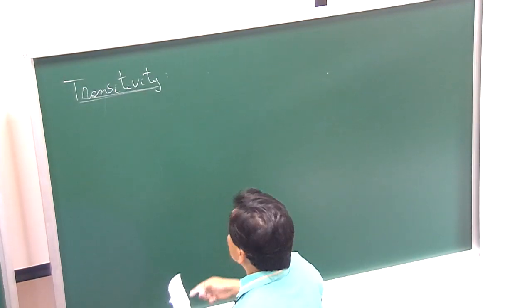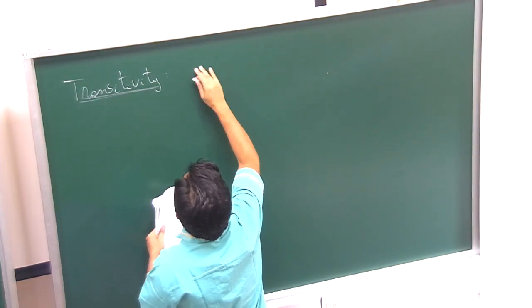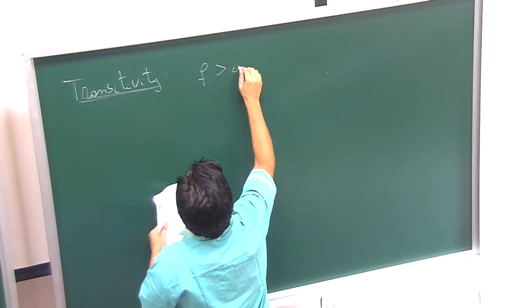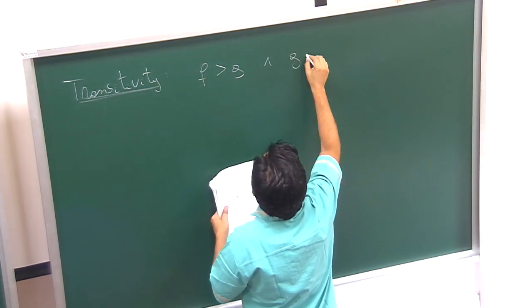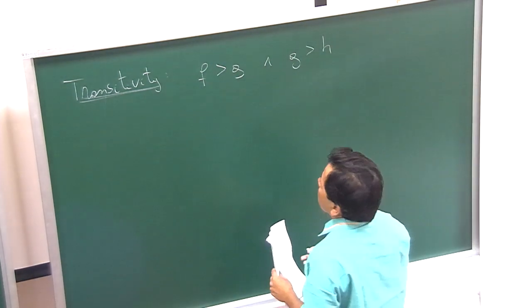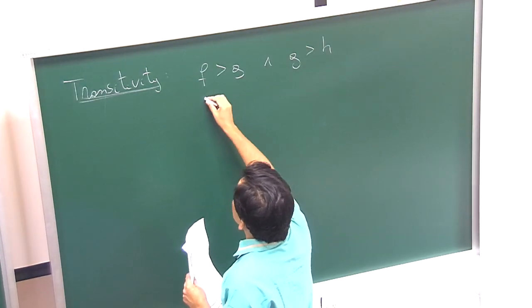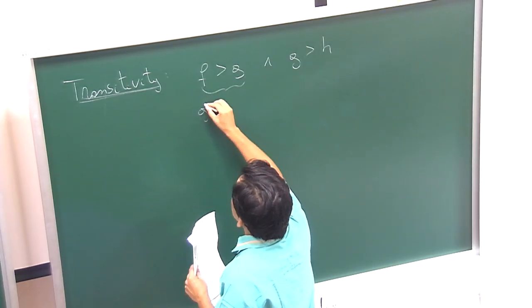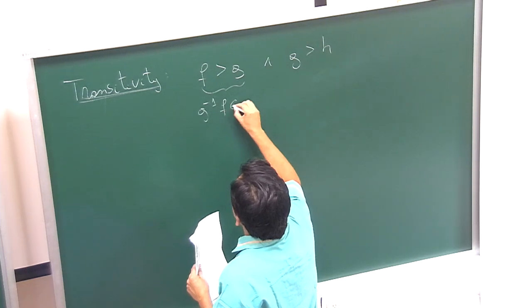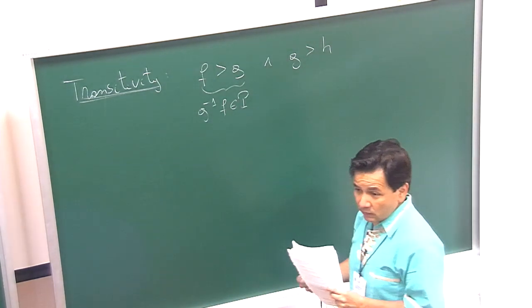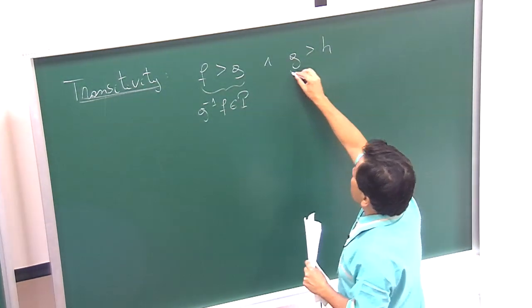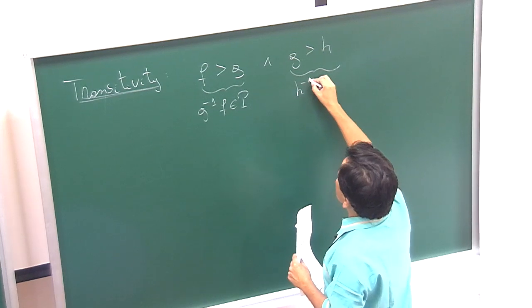So if you have F larger than G, and G larger than H, well, this means that G inverse F is in P. And this means that H inverse G is in P.